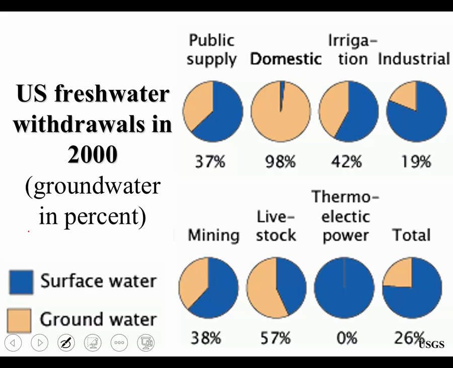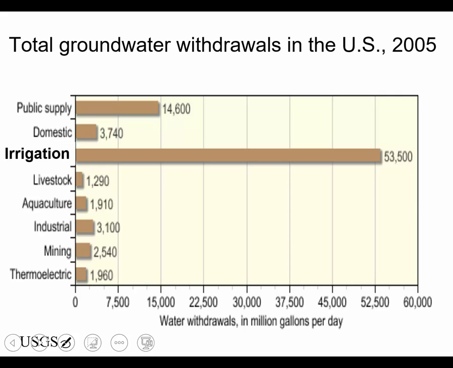Groundwater basically is not used for thermoelectric, but it is the dominant source for irrigation and livestock rather than a variety of other things. Irrigation for total withdrawals, for the most recent data I can find, is actually the dominant use. We use more groundwater for irrigation than anything else.